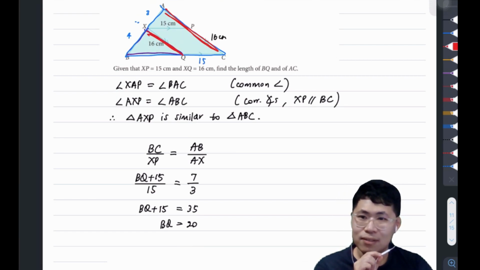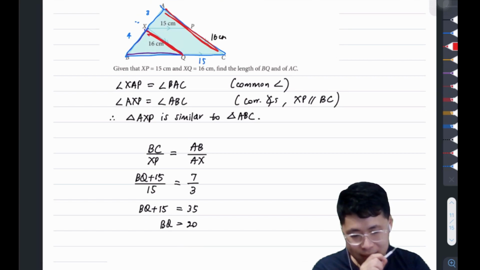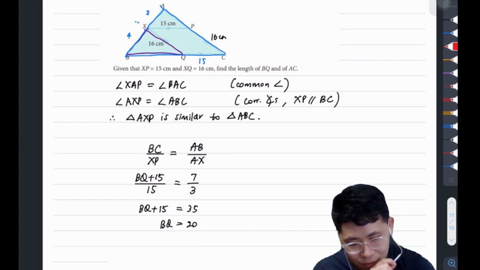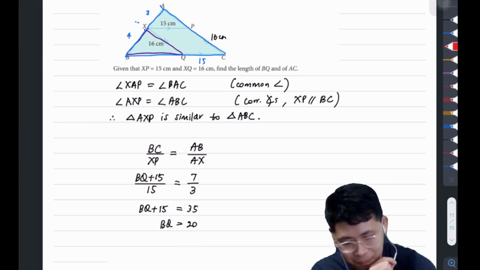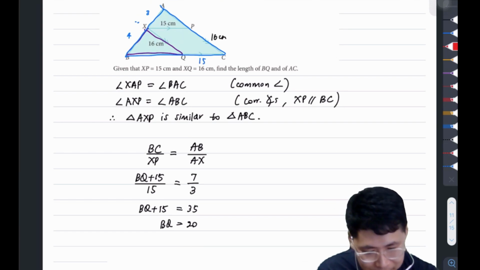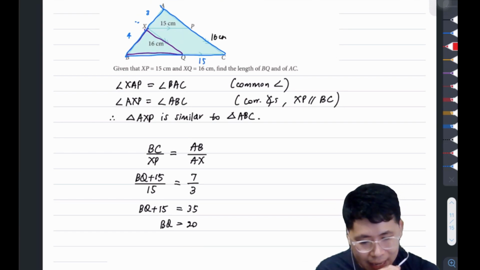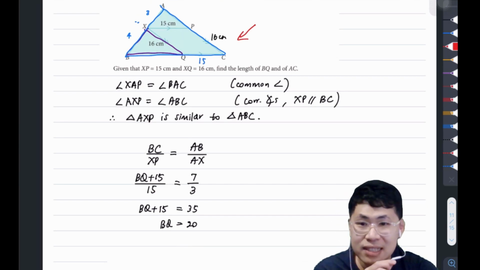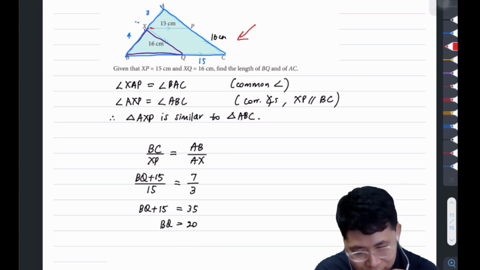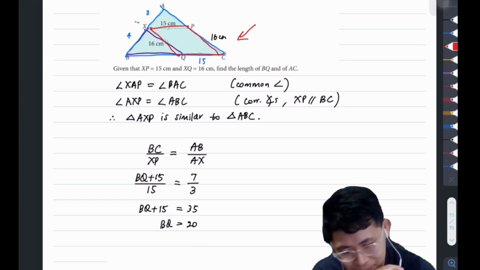You see that AB and AC and XQ, it is very difficult because I don't have this ratio for these three parts. The only thing that I have is that this portion is just 16 cm, because it's from this parallelogram.